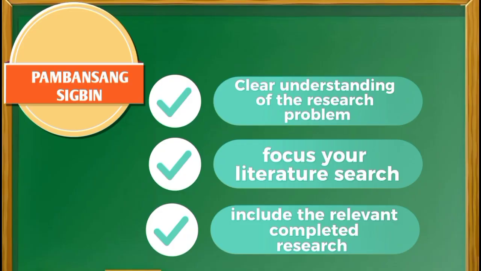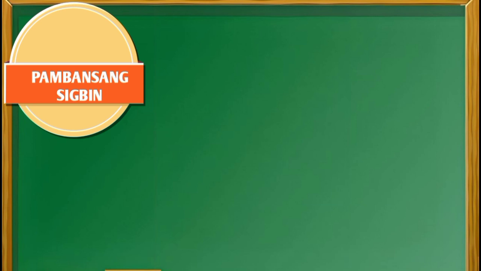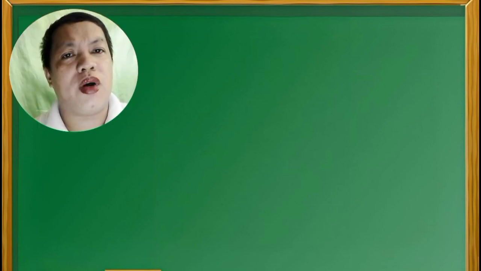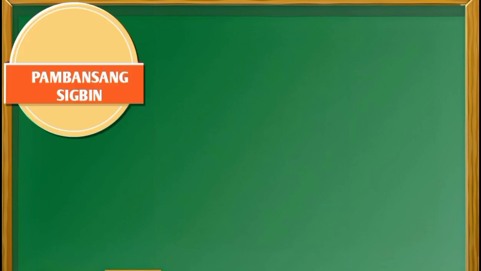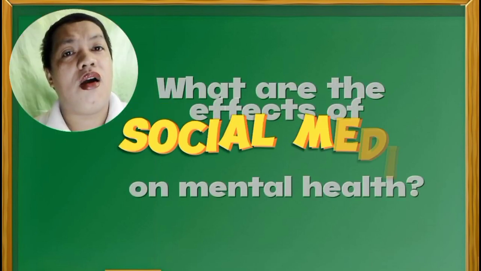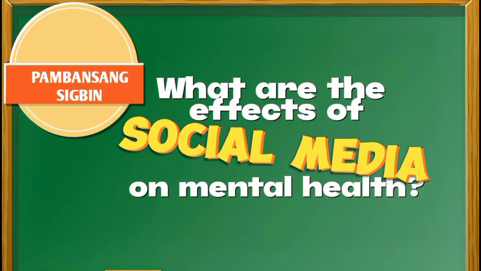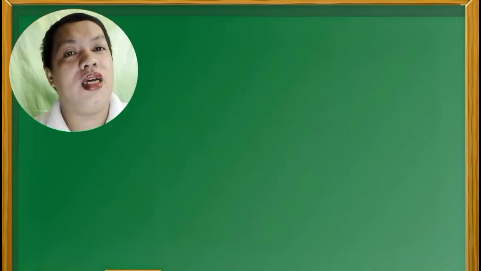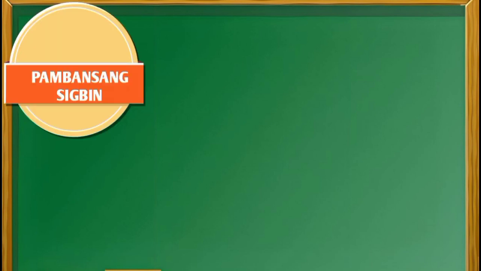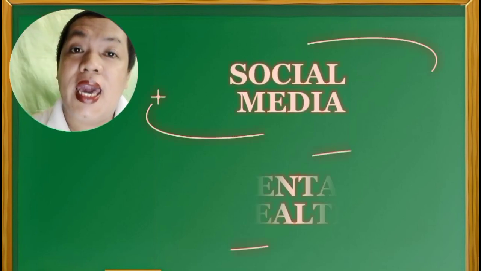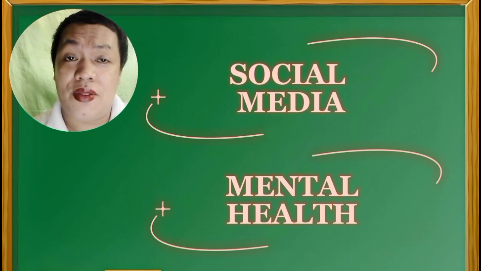For example, let me give you. If your research question or your thesis question is, what are the effects of social media on mental health? Your literature review should focus on studies that have already investigated the relationship between social media and mental health.